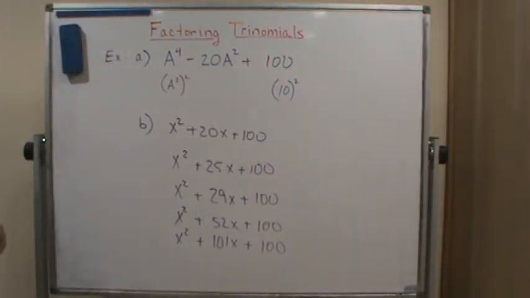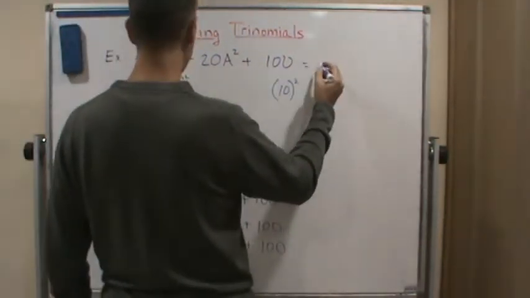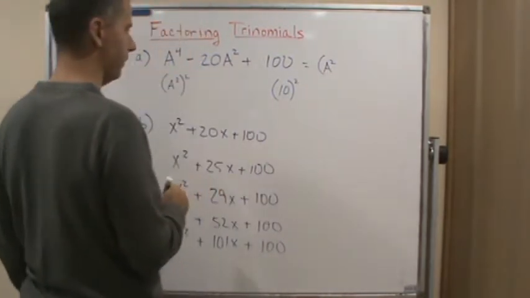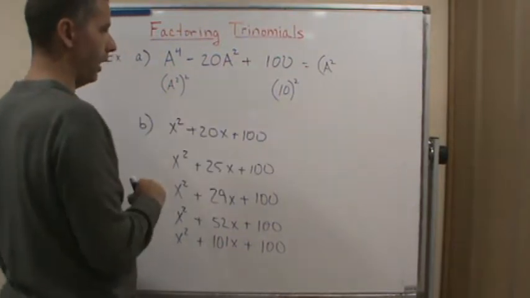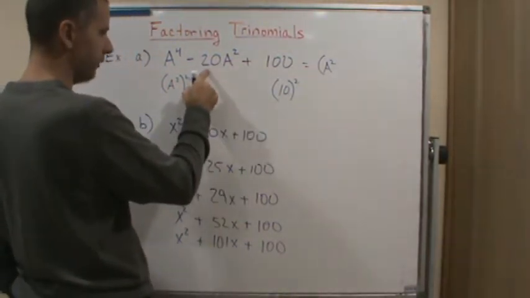Okay, so notice that this gives us a squared. Now, what are the two factors of 100 that add up to negative 20?